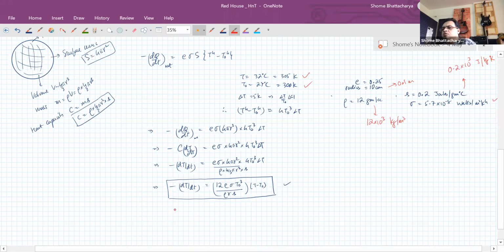Okay. So the rate of cooling, this will become, into the temperature difference, which is 5 Kelvin.